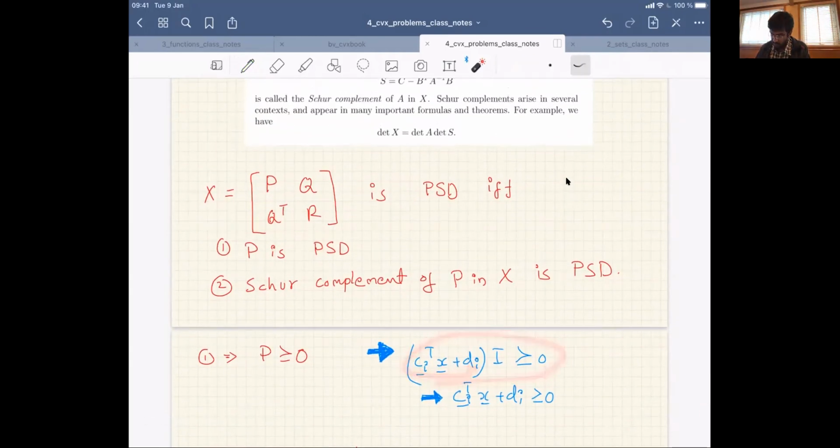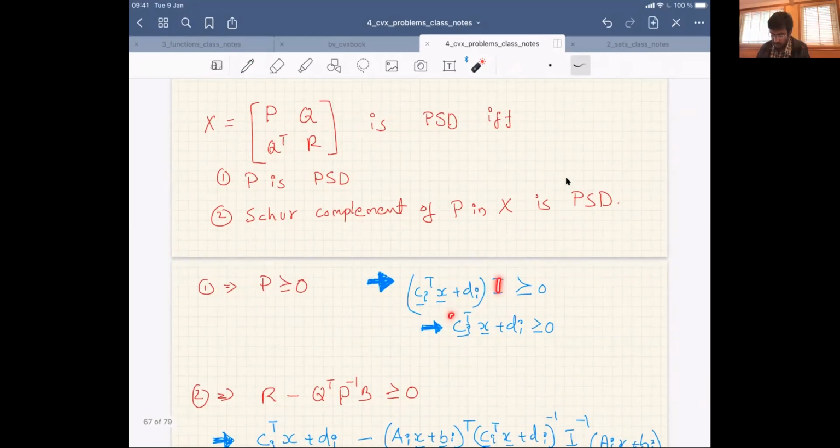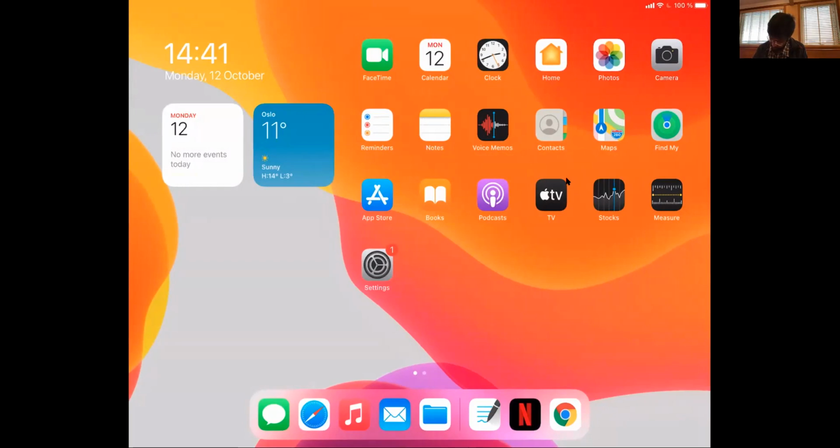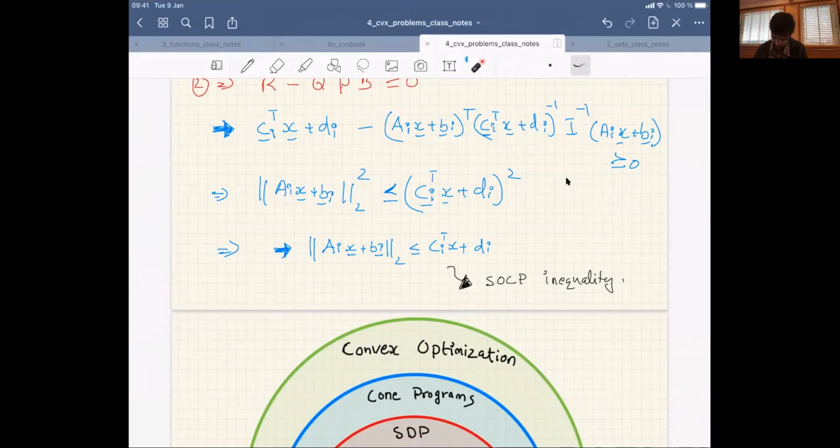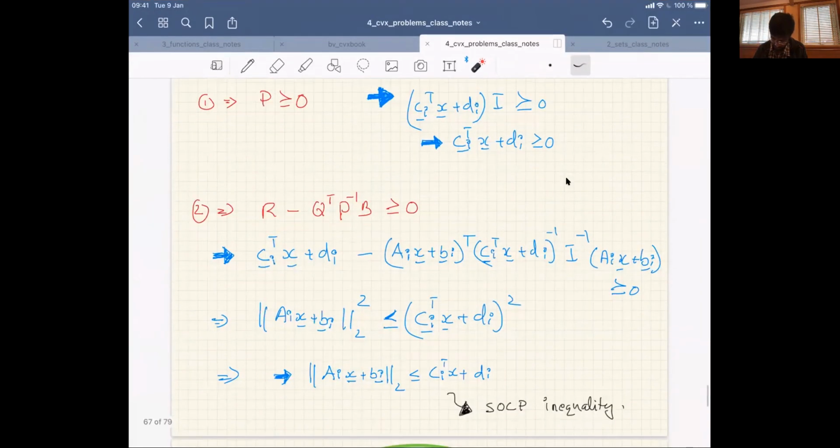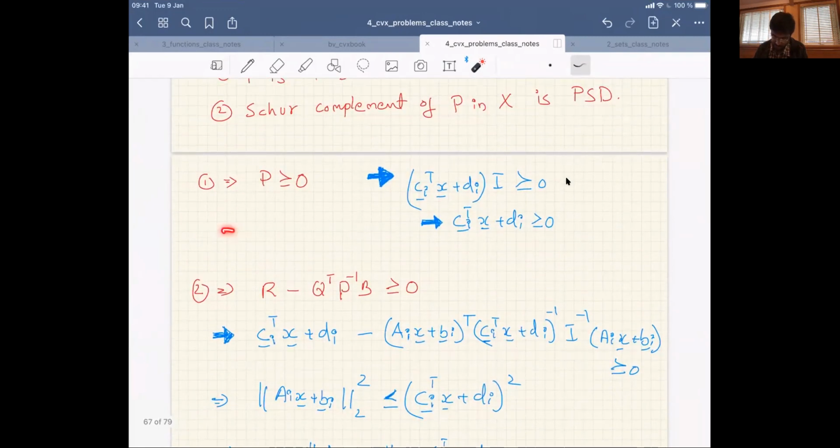This is a diagonal matrix, right? An identity matrix, whose elements are given by this scalar. Now this will be PSD when these scalars are greater than or equal to 0. So this is the first condition.